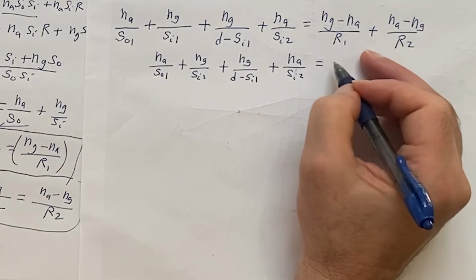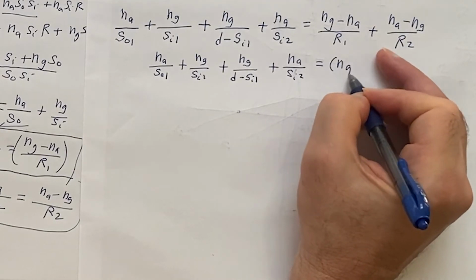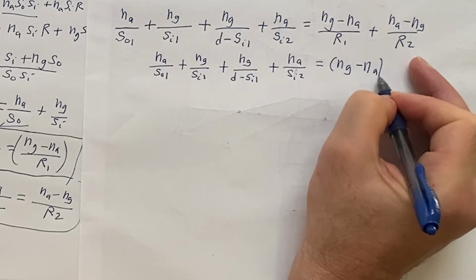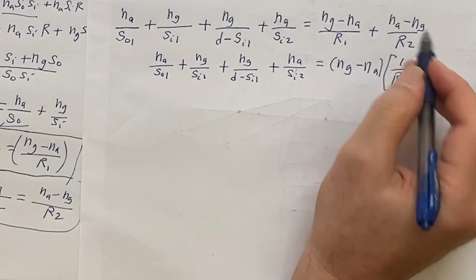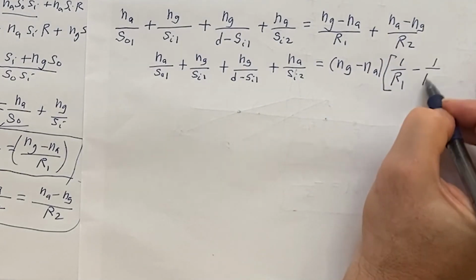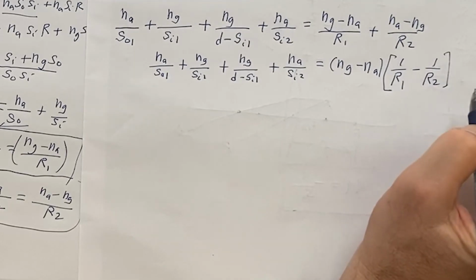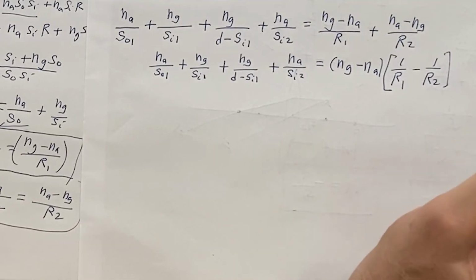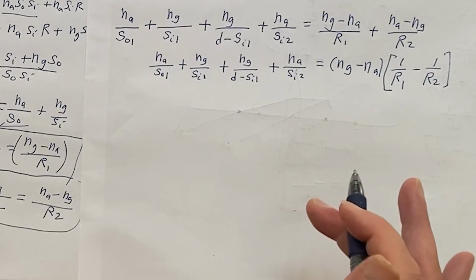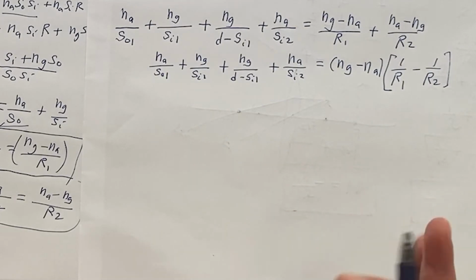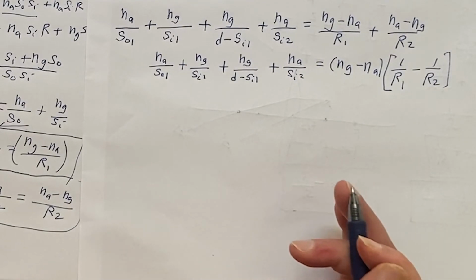And then here we'll do the factoring. This is Ng minus Na, and this is going to be 1 over R1, and since this is flipped here, this is a minus sign, 1 over R2. See, the lens maker's formula is basically, if you give me the index of refractions and you give me the curvatures, I'm going to tell you the focal length. I mean, that's the whole idea. That's like what we're trying to do.